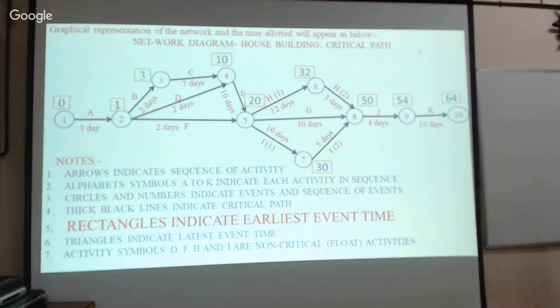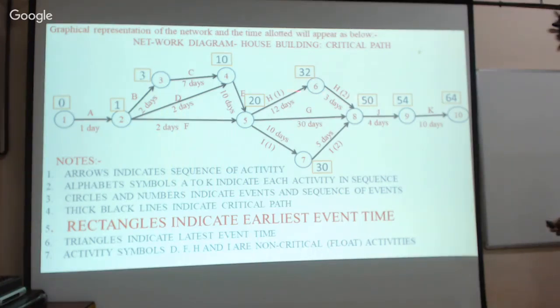Now see here. If we are calculating along this path, that is 5 to 8, 20 plus 30 is equal to 50 days. We need 50 days to reach this event. Whereas here, if you come along this path, it is 32 plus 3, 35 days. Now what is the difference between 35 and 50 days?